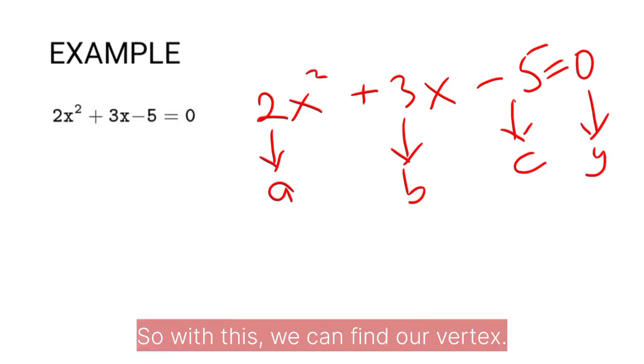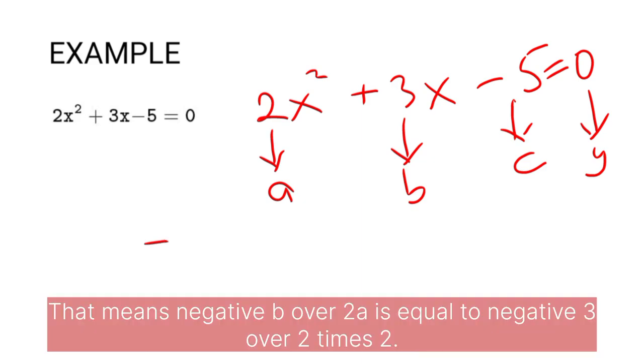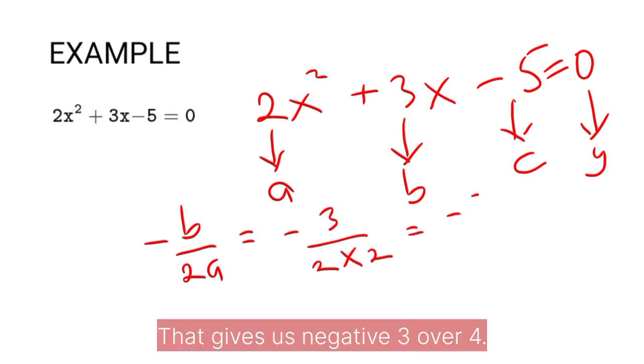So with this, we can find our vertex. Negative b over 2a is equal to negative 3 over 2 times 2, which gives us negative 3 over 4.